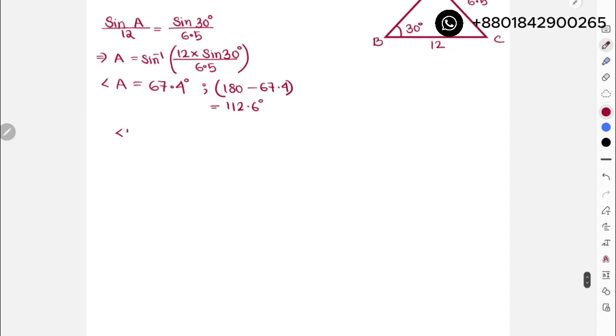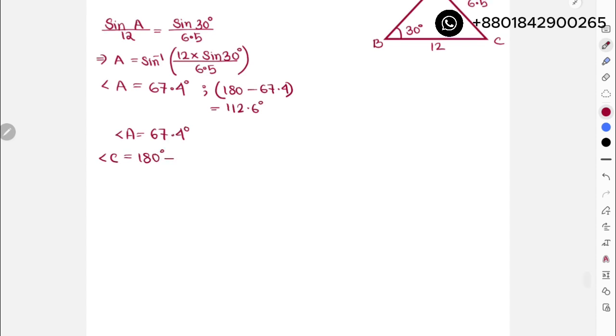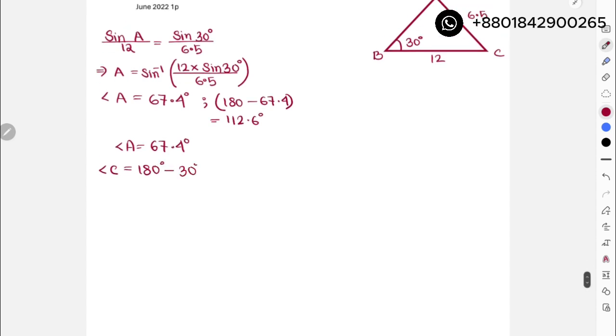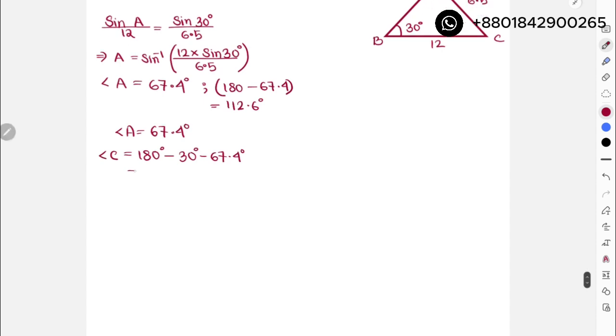First, I'm going to consider that angle A is 67.4 degrees, and in that reference angle C is going to be 180 minus 30 minus 67.4, which is going to be 82.6 degrees. One of the angles C is going to be 82.6.